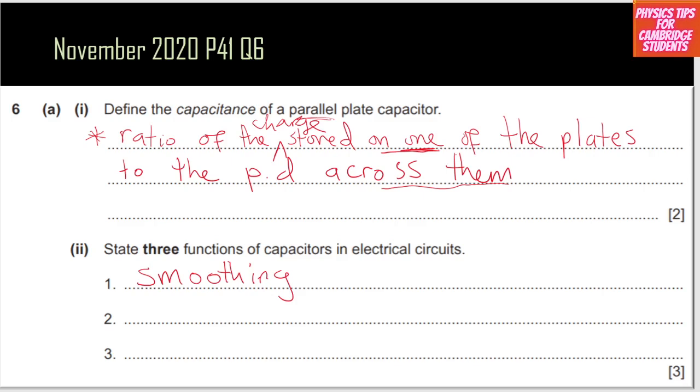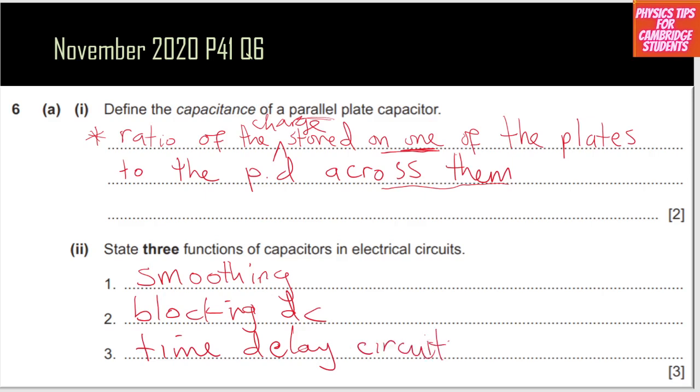The other one that should come to your mind is the blocking DC. So if you want to block DC, you use a capacitor. Also, time delay circuits. So all time delay circuits do have a capacitor in it, because as the capacitor discharges, you're going to be having a time delay during the discharge process.